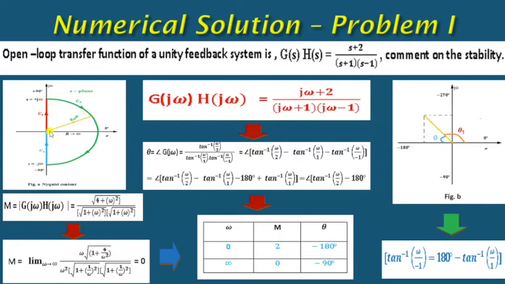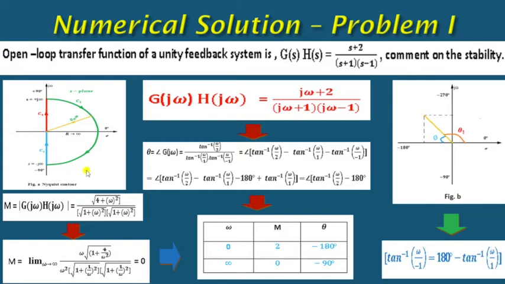Always remember that for a closed contour, the end of the C1 path and the starting of the C2 path are the same. Similarly, the end of the C2 path and the starting of the C3 path are the same. Similarly, the end of the C3 path and the starting of the C1 path are always the same.